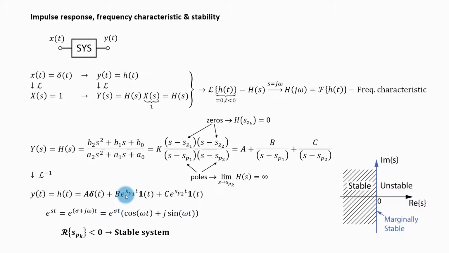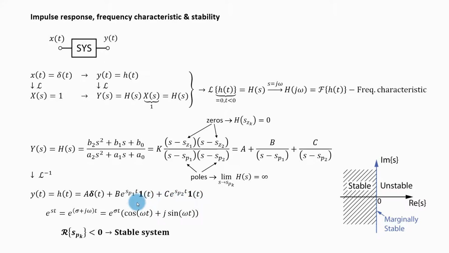So you need the real part of these poles sp1 and sp2 to be negative for this impulse response to be stable. So if both these poles sp1 and sp2 have negative real parts, these exponentials will asymptotically approach 0 as the time goes to infinity, and the impulse response of this system will be stable.